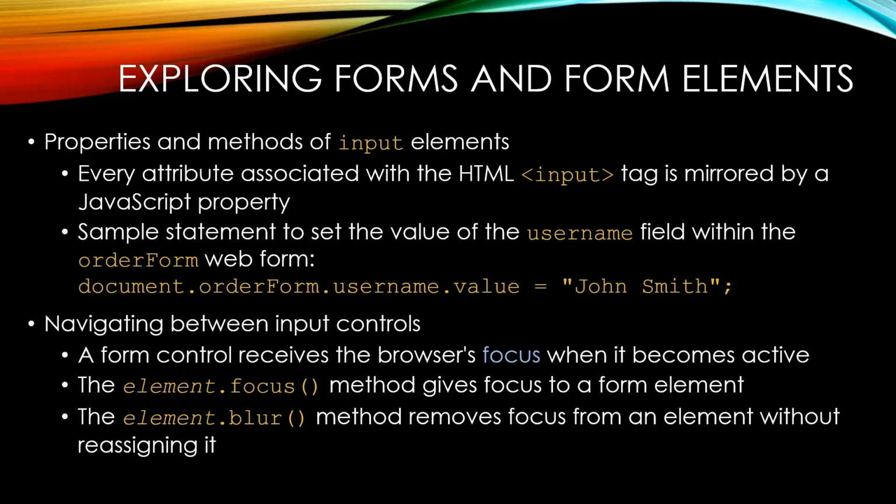In order to do that, we would say document.orderForm.username.value equals "John Smith". So our form is named orderForm, and our field is username. We're taking the text John Smith, inserting it into the value in the username field in my order form within this web page. So you can kind of read it going right to left.